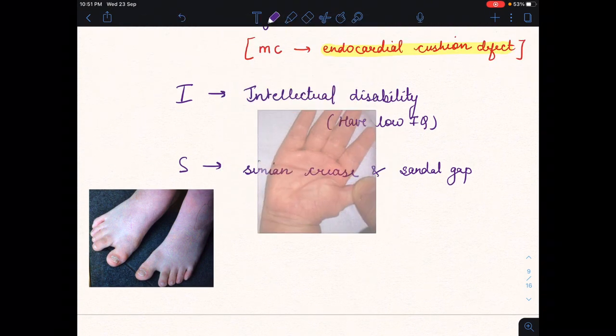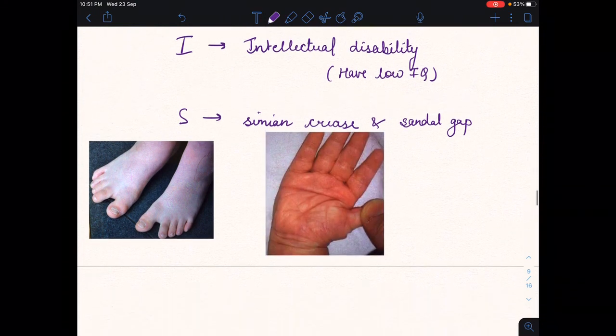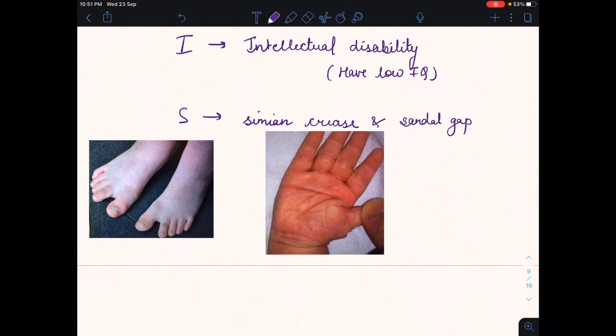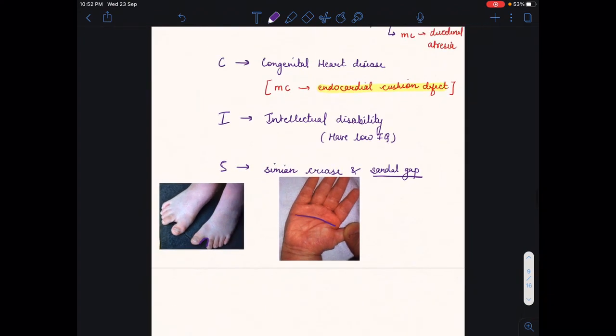Simian crease means there is only one transverse line, a single transverse crease on the hand. And sandal gap means that there is a big gap between the first and second toe. So S is for simian crease and sandal gap. By this photo you can remember that there are simian crease and sandal gap in Down syndrome.